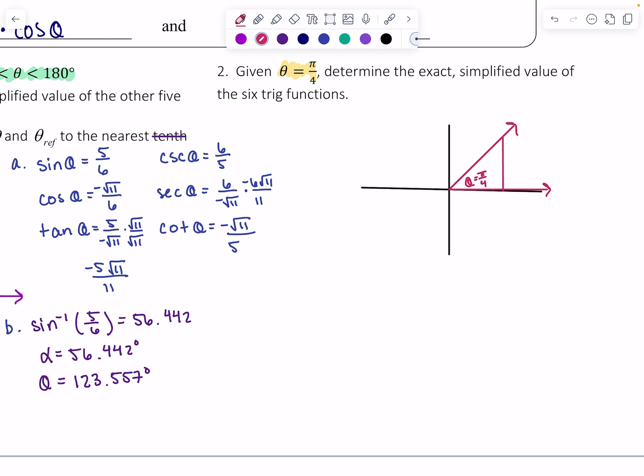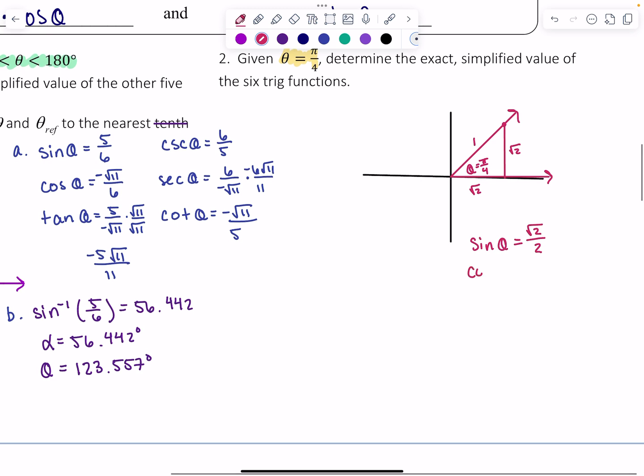And we know that this would be a 45-degree angle, and a 45-degree angle would give us square root 2 over this one, square root 2 for here, and 1 for here. So we have sine of theta is equal to square root 2 over 2.